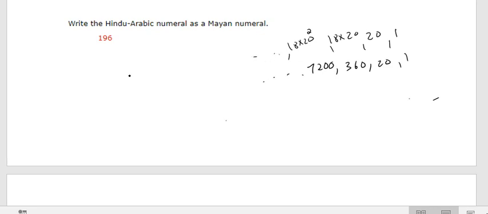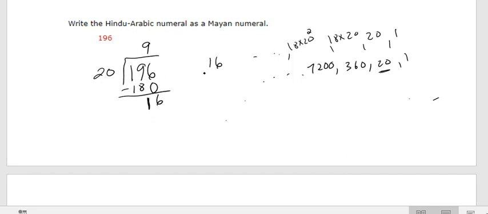So here we take our number, which is 196, and we're going to divide by the first place value that will go into it. So that would be 20. So 196 divided by 20 goes in 9 times. So we get 16.